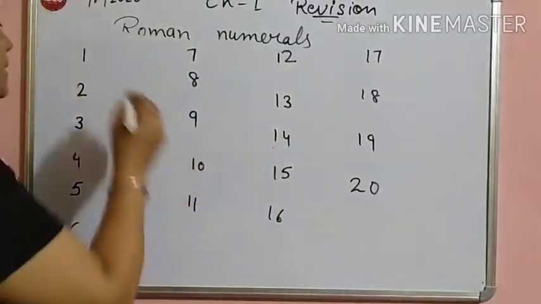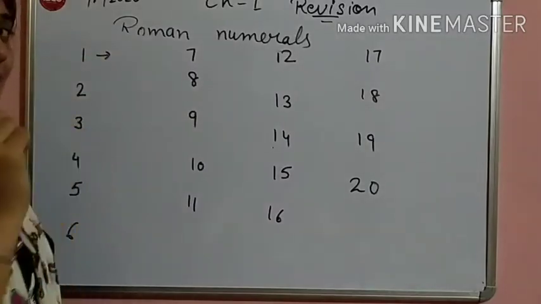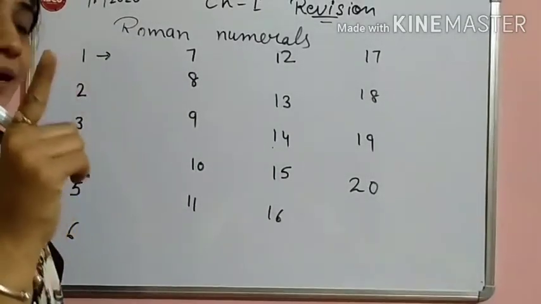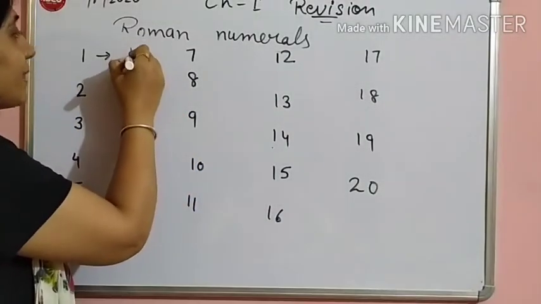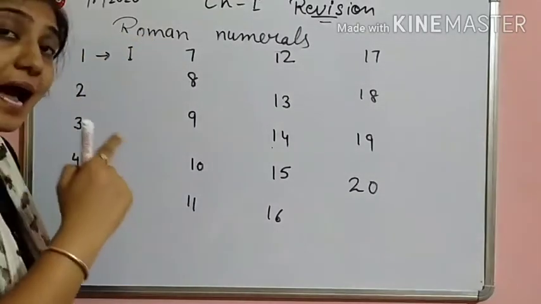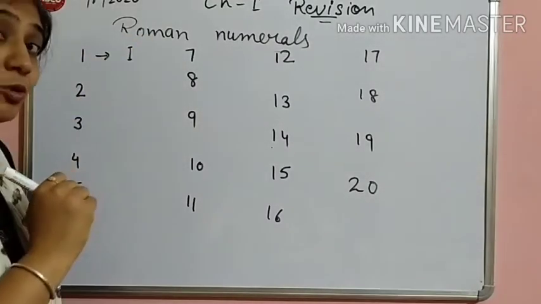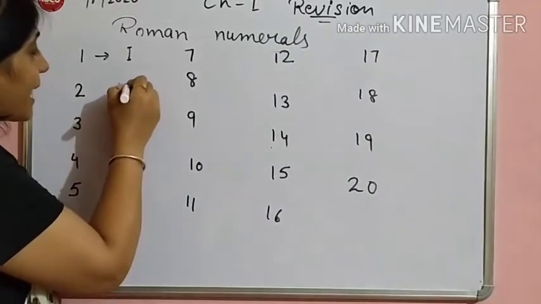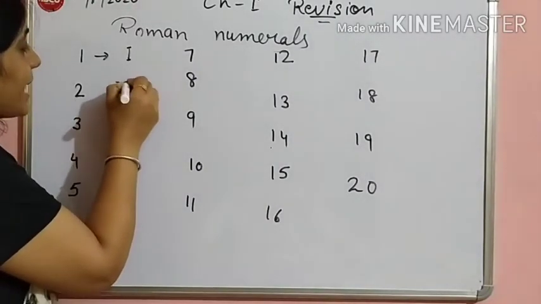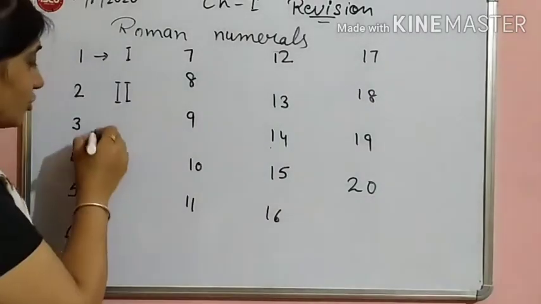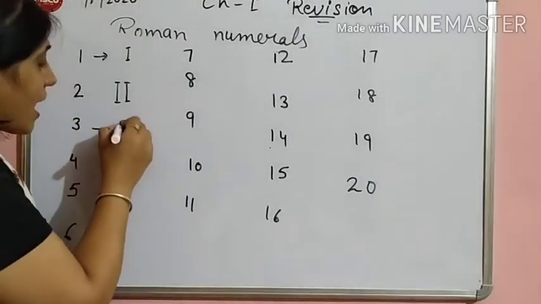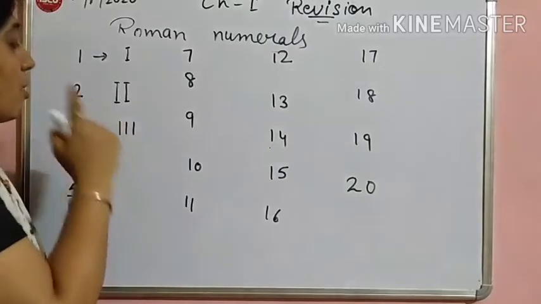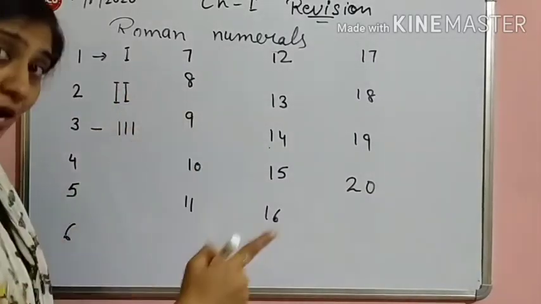See, 1. Tell me the symbol for 1. Yes, I. The symbol for 1 is I. How can we write the 2? Yes, here we will repeat I twice to get 2. And 3, III. 1 plus 1 plus 1.